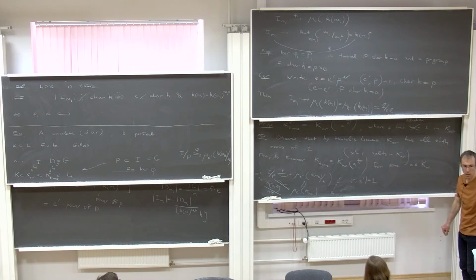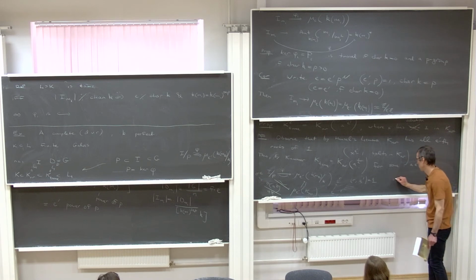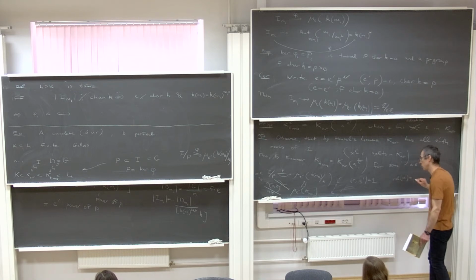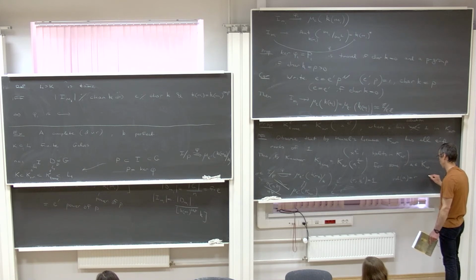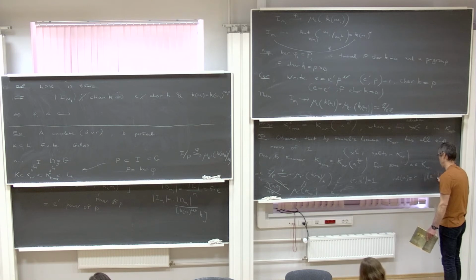R up to E prime. So the valuation of A is equal to R modulo E prime. Great.